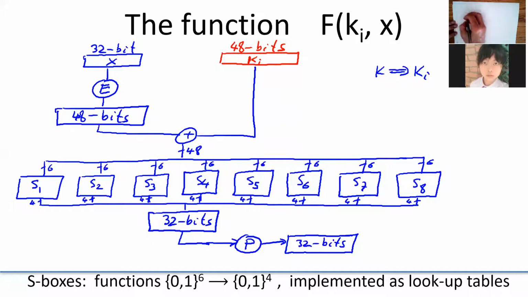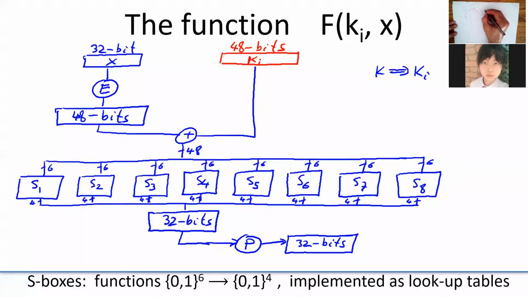So if the linear function that operates is like this, here is your input, which is divided into these 1, 2, 3, 4, 5, 6, 7, 8. So these are the 8 blocks. This is your input X, which has 48 bits, 6 bits each.